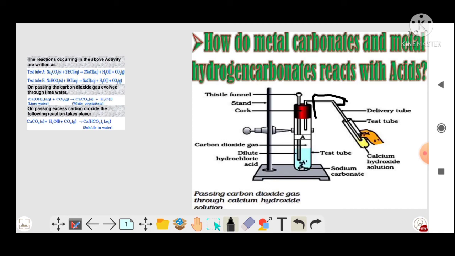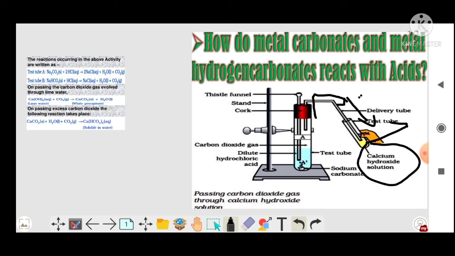to the calcium hydroxide solution and is converted into calcium carbonate, that is a white precipitate. So at first, what happened in the reaction of sodium carbonate and hydrochloric acid?